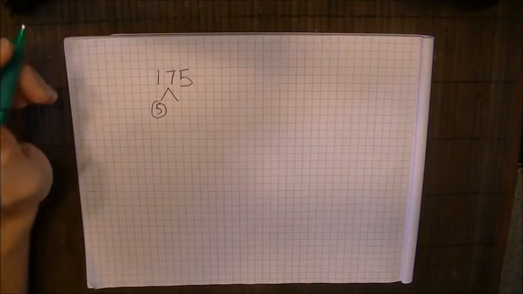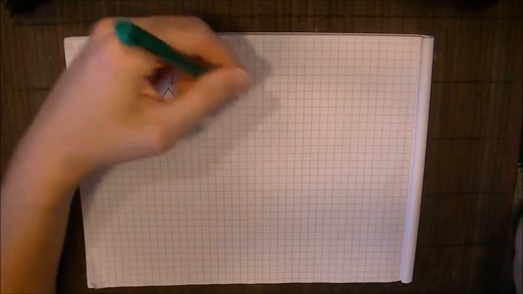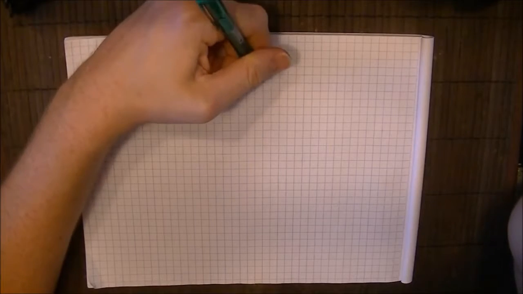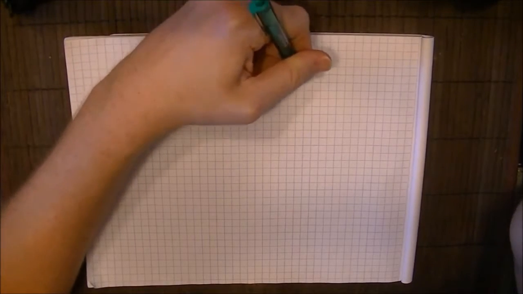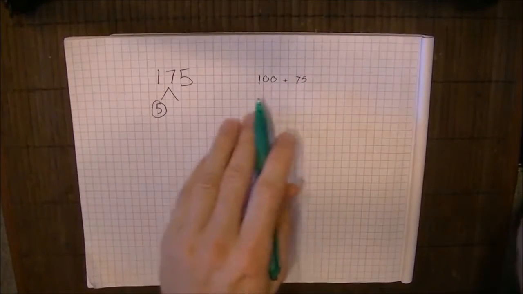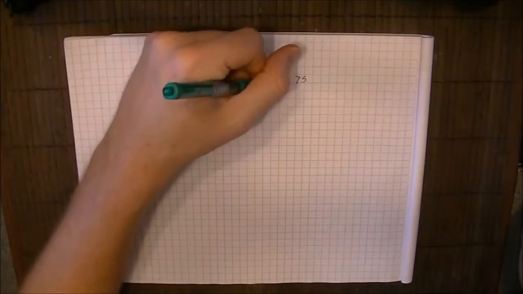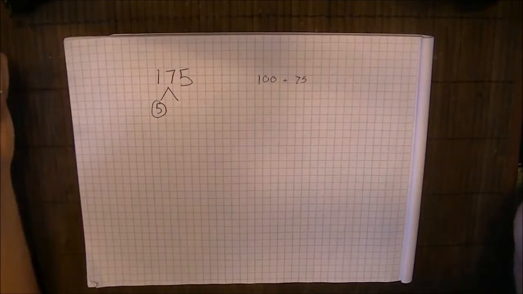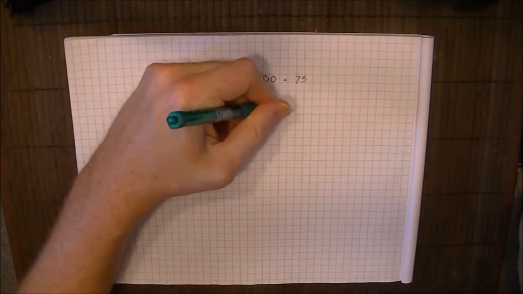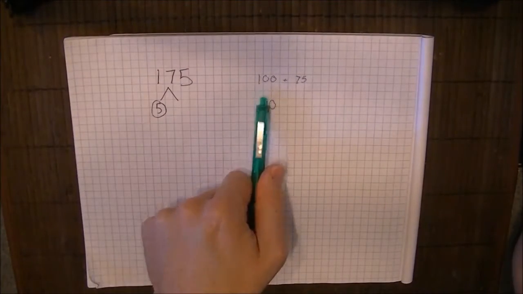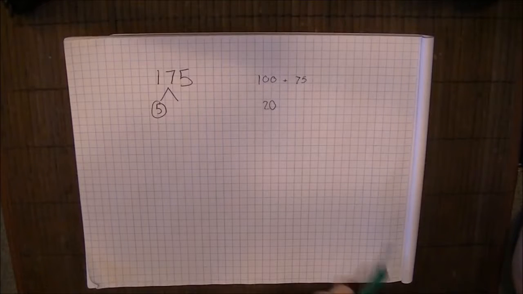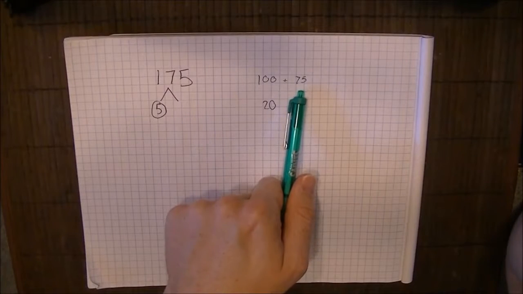Okay, so let's break this down. 175, I can think of, okay, what is 100 divided by 5? Dividing 100 by 5 is 20, because it's like dividing 10 by 5 and putting the extra 0. All right, what about 75?